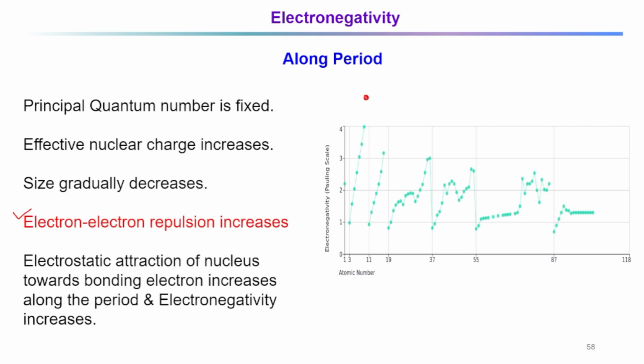You see, this is the nucleus of atom A. Oh, sorry. And this is the nucleus of atom B.